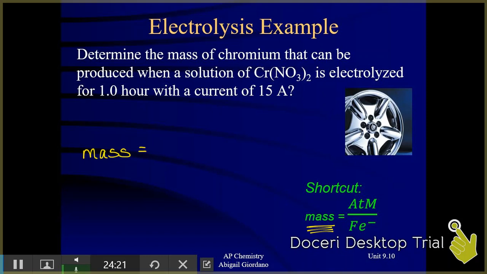The A stands for amperage, the current. So 15 amps. T of ATM stands for time. Just be careful, guys. It must be put in units of seconds. The capital M of ATM, that is the molar mass of the metal we're talking about.